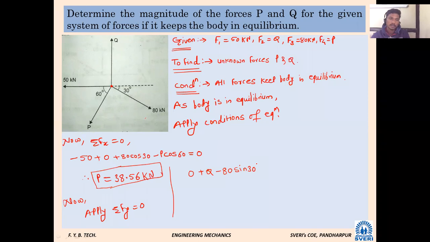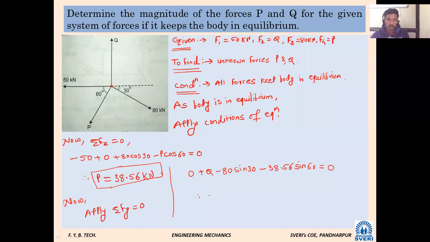Very good. Next, what will be the Y component of force P, which we have calculated? Now, don't write P because the value of P is with us now. We have calculated minus 38.56 sin 60 equal to 0.